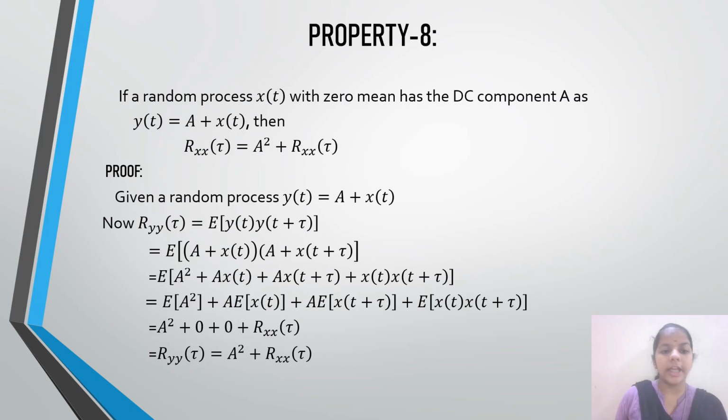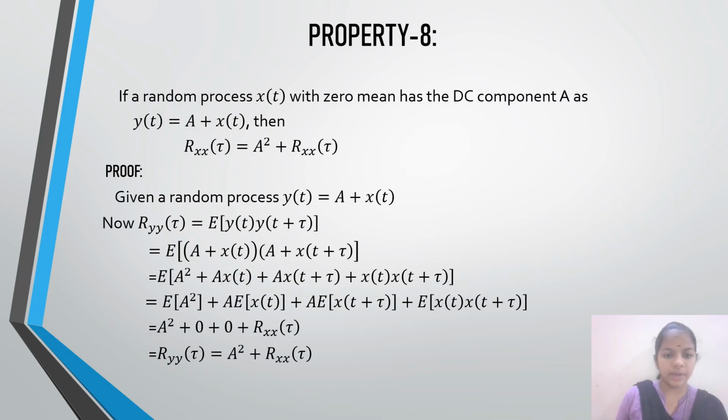Property number 8: if a random process x(t) with zero mean has a DC component A, as y(t) = A + x(t), then Ryy(τ) = A² + Rxx(τ). We need to prove that.